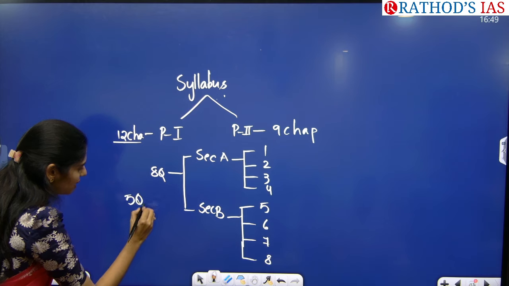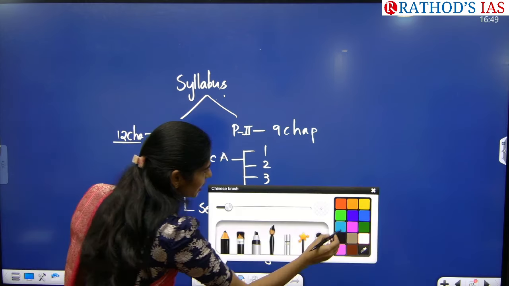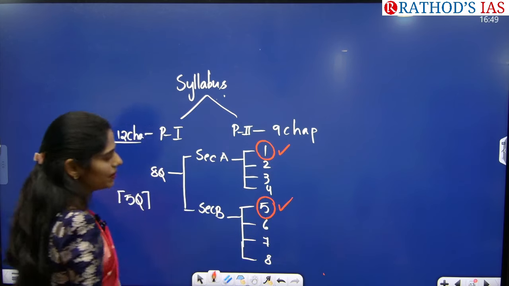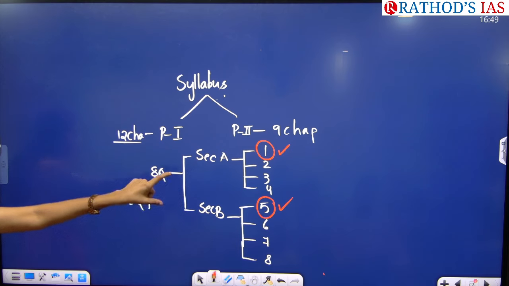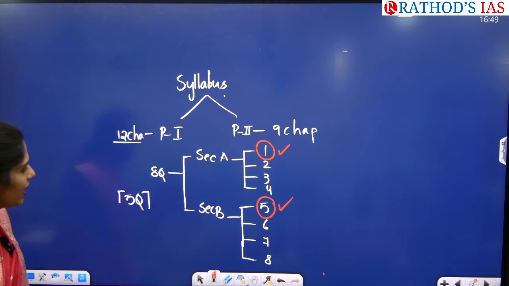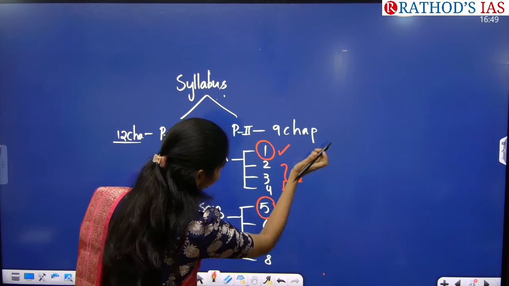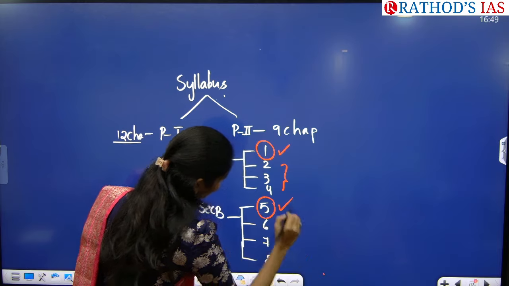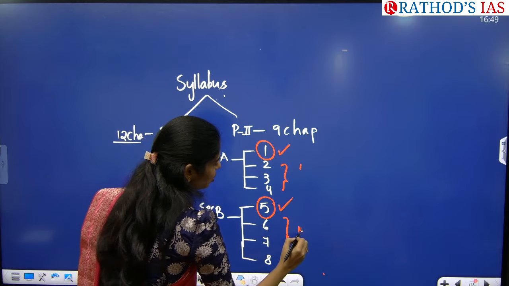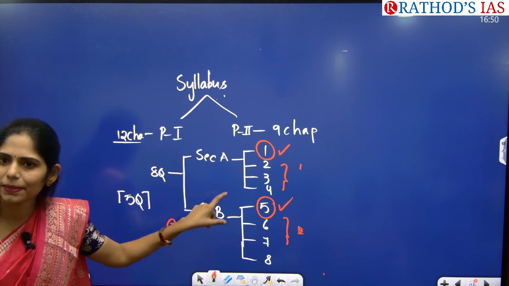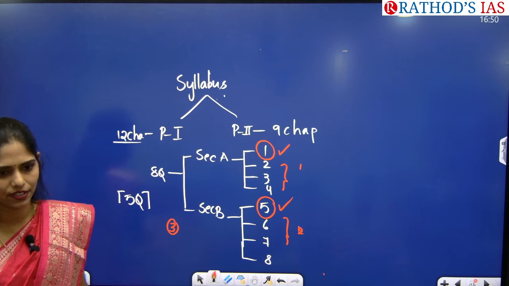You have to write answers for 5 questions. So in these 8 questions, 1st question is compulsory and 5th question is compulsory. You have to write these 2 questions for sure. And remaining 3 questions, it is your choice. You can select 2 from here, okay, and you can select 1 from here, or else 1 from here and 2 from here. So it is your choice for remaining 3 questions. But you have to compulsorily answer the first as well as the 5th.